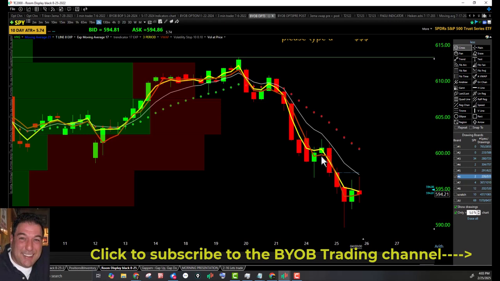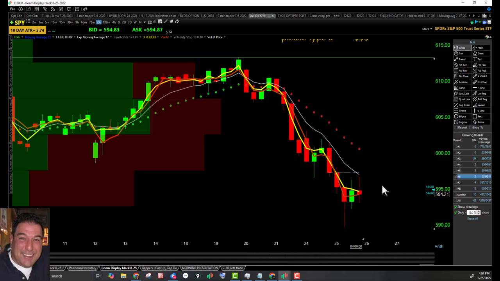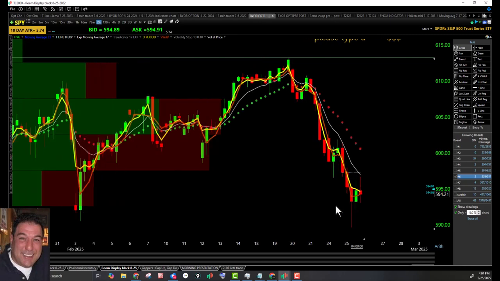You can see we got the 3 EMA, which is the yellow line, and the candlesticks underneath the white line, that's the 8 EMA, and the red dots, that's the 17 EMA. See the space between the 8 EMA and the 3 EMA? That's a downtrend. Whenever we got space like that, and the yellow one's below the white one, that's a downtrend right there. So on the 2-hour chart, we got a 2-hour downtrend.